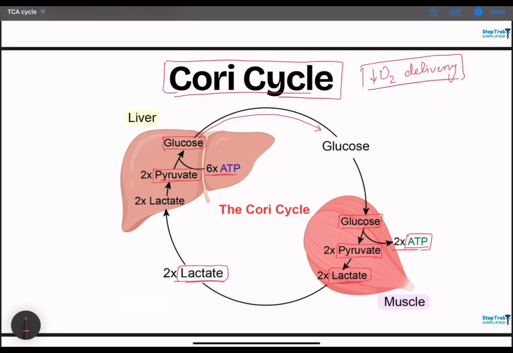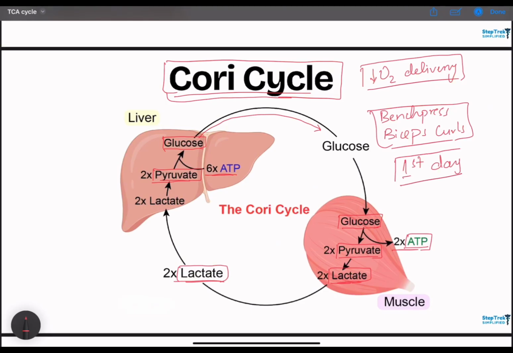So what is the clinical implication of the Cori cycle? Suppose we have an athlete or a normal person. He goes to the gym and performs different exercises like bench press and bicep curls, and suppose it is his first day. After going to the gym, when he goes home or his body cools down, he feels soreness within his muscles.